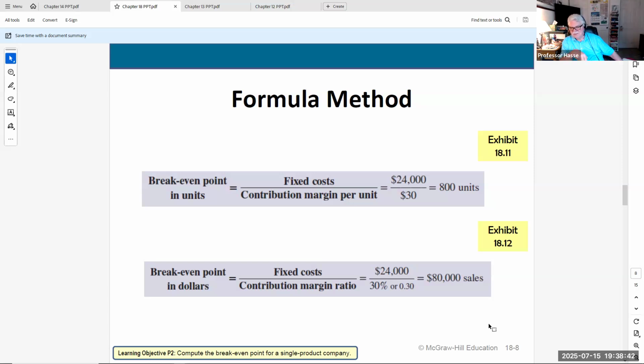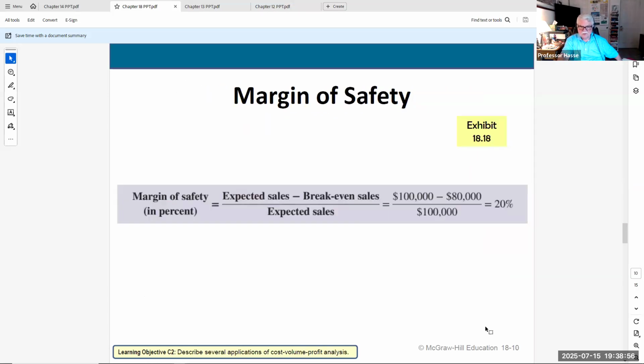And that's translated to dollars when we take that fixed cost and divide it by our contribution margin ratio, the relationship of contribution margin to selling price. And we use that also to determine what we consider our margin of safety. What's the leverage? What's the spread? What's the arbitrage between our expected sales and what we need to sell to cover our costs? And that's called the margin of safety.